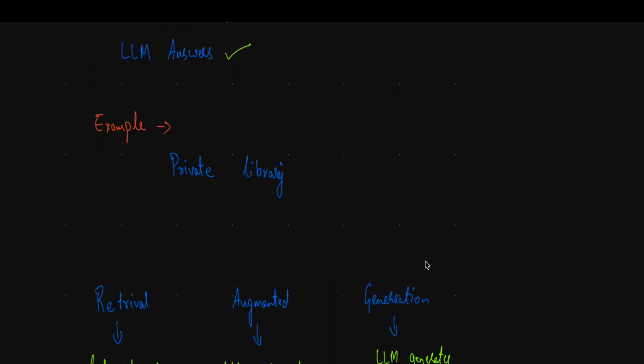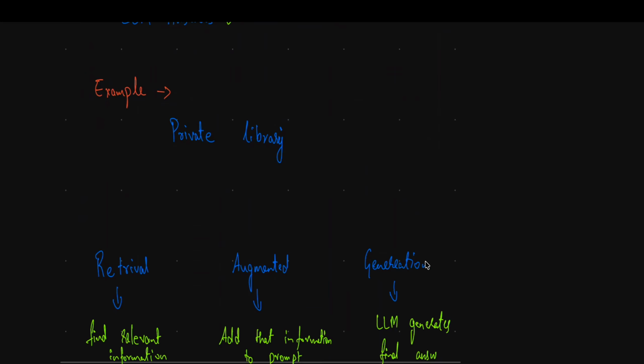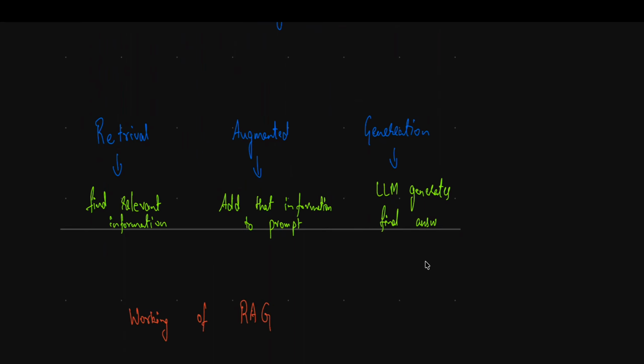So let's dive into how RAG works, retrieval augmented generation. Retrieval is like, you find the relevant information and give it to the LLM, passing it in the prompt, adding that information to the prompt.